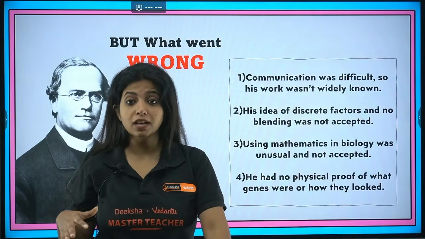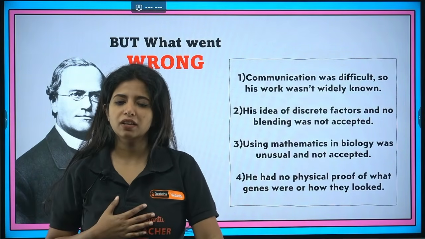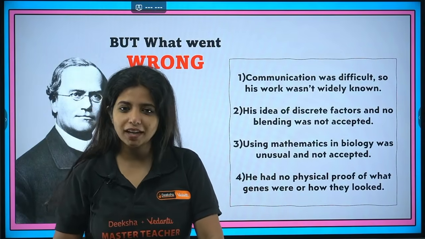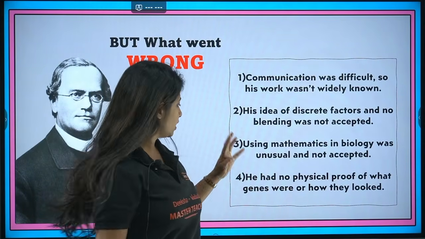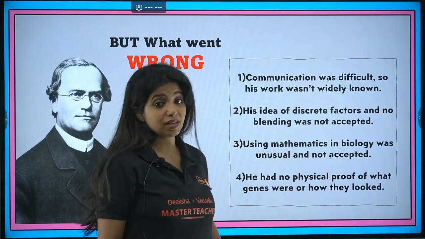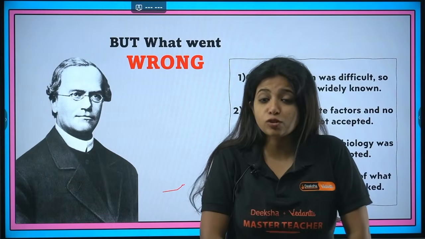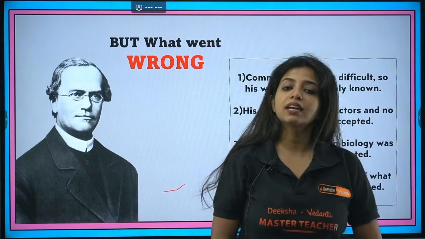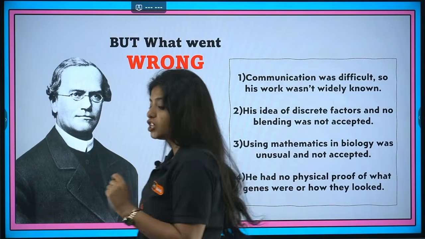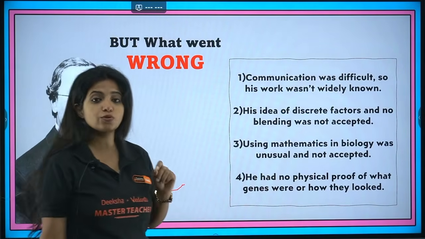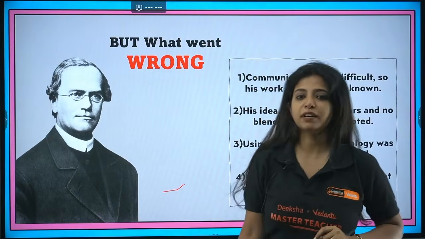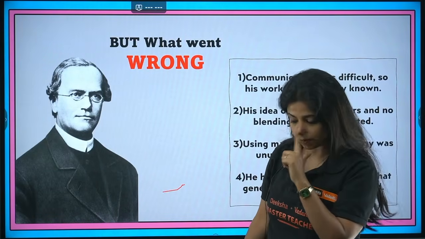Previously he was acclaimed for that, and now people were like, you're using mathematics in biology? Fourth thing, he had no physical proof of what genes were and how they looked, because he did not have microscopes built by then. Now you think about this genius man who without many resources was able to find a lot of things, but all of them were against him, and that is the reason.